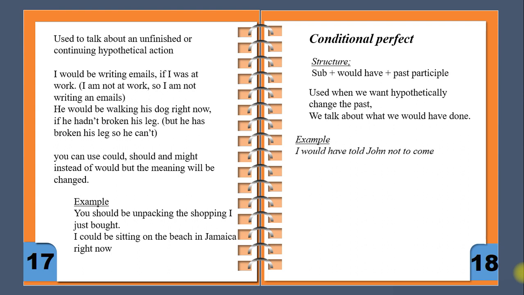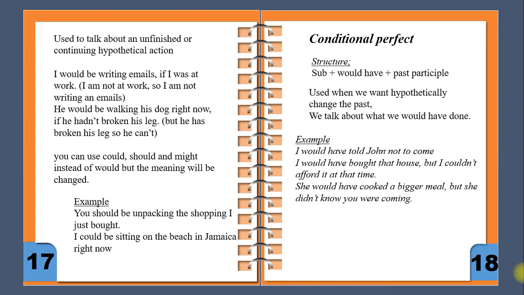Look, for example, I would have told Joan not to come. I would have bought that house, but I couldn't afford it at that time. She would have cooked a big meal, but she didn't know you were coming.